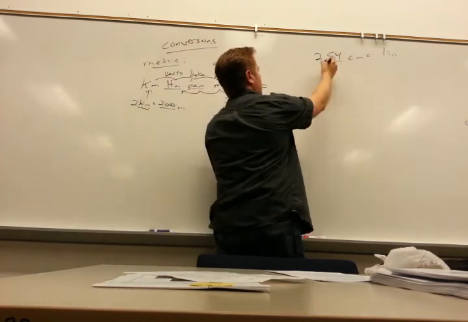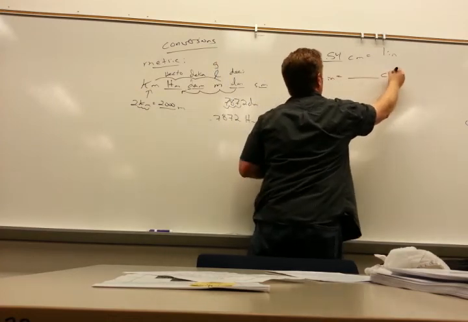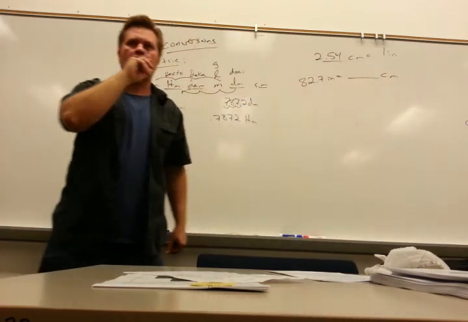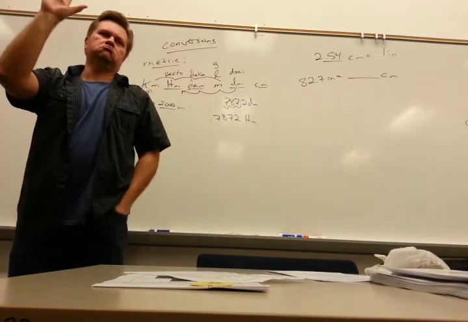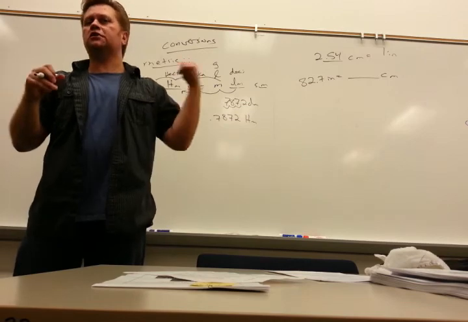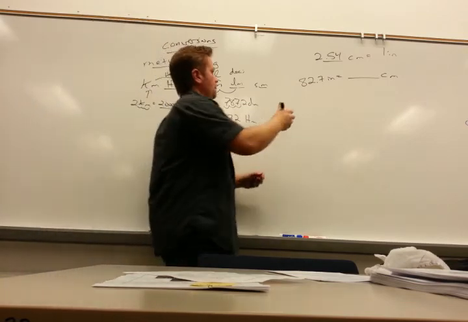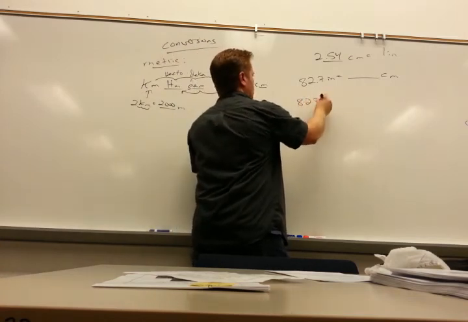If I have 82.7 inches and I want to know how many centimeters that is. Now if you know how to do it directly, that's great. Just hold on. Let me just show you how to do any conversion problem. This is a very simple one we're starting with. We'll do a much more complicated one next. I'm at 82.7 inches.